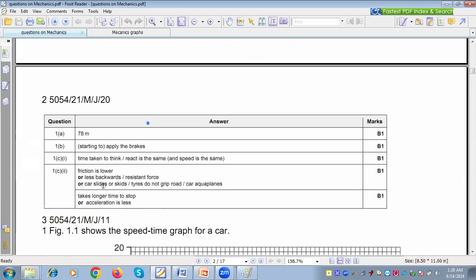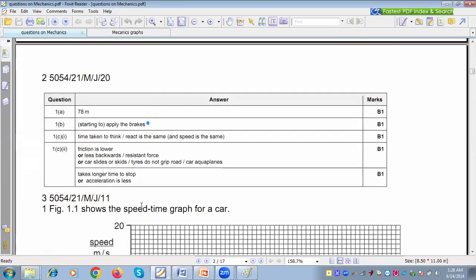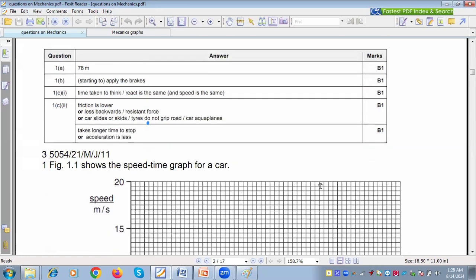So the car tires slide and they don't have proper grip. Okay, that is why the car takes longer to stop. So one mark for telling that the friction is less. And another mark for what? The distance covered is longer.